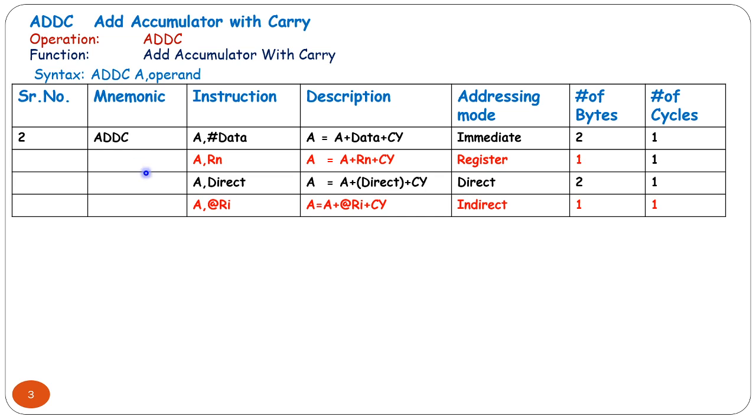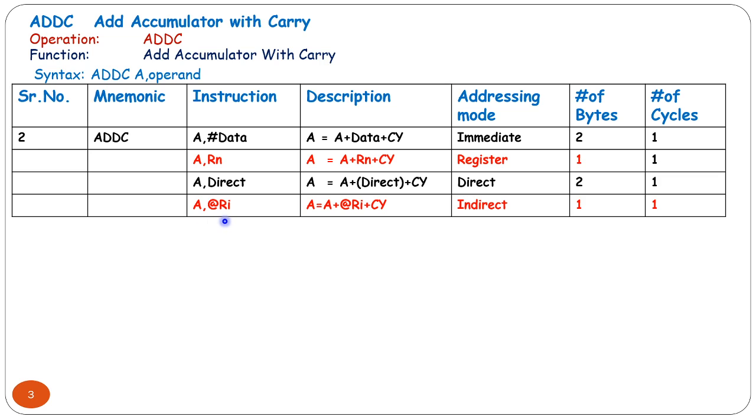ADDC A, direct: the content of the carry flag bit plus the RAM content directly pointed to by the direct byte is added to the accumulator, and the result is stored in the accumulator register. This instruction has direct addressing mode. It needs 2 bytes of memory to store the instruction for execution, and the number of machine cycles required is 1.